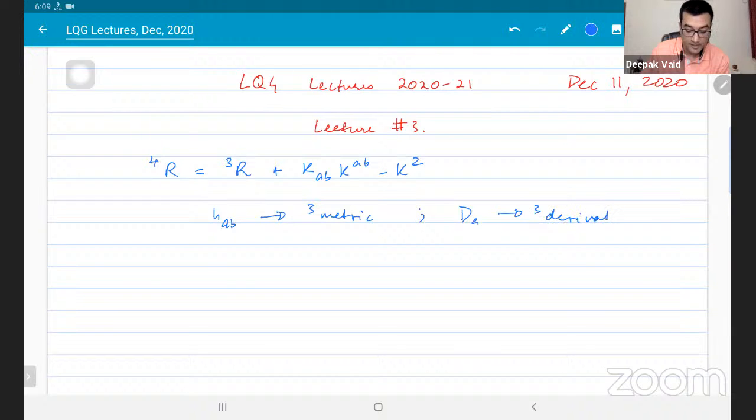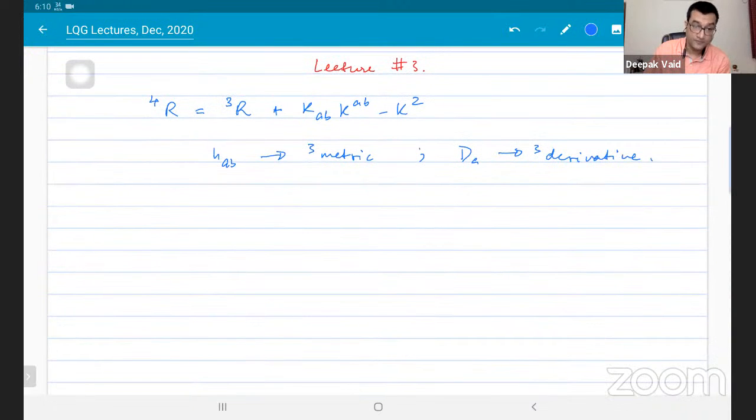Again, these are some of the things that you should work through and convince yourself that this does satisfy the Leibniz rule and linearity and so on. And it also is the case that this derivative operator acting on the 3-metric gives us 0.